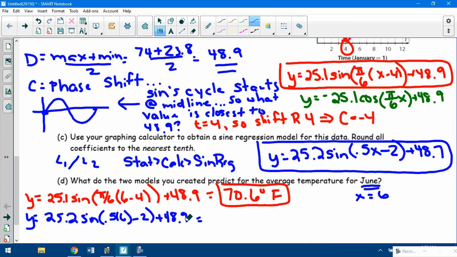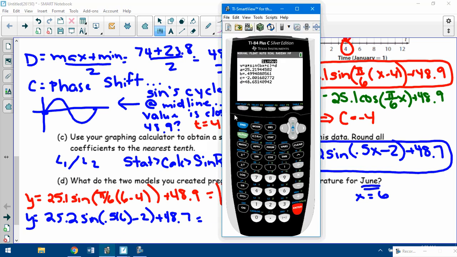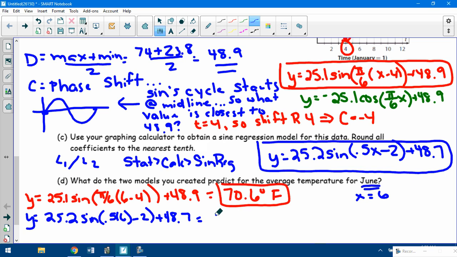It isn't a huge deal, but the only reason I noticed it was because I thought this was farther off. If I go back to the home screen here, and enter in what I just did and put a 0.7 there, then it's 69.9. Still close, but a little bit more off.